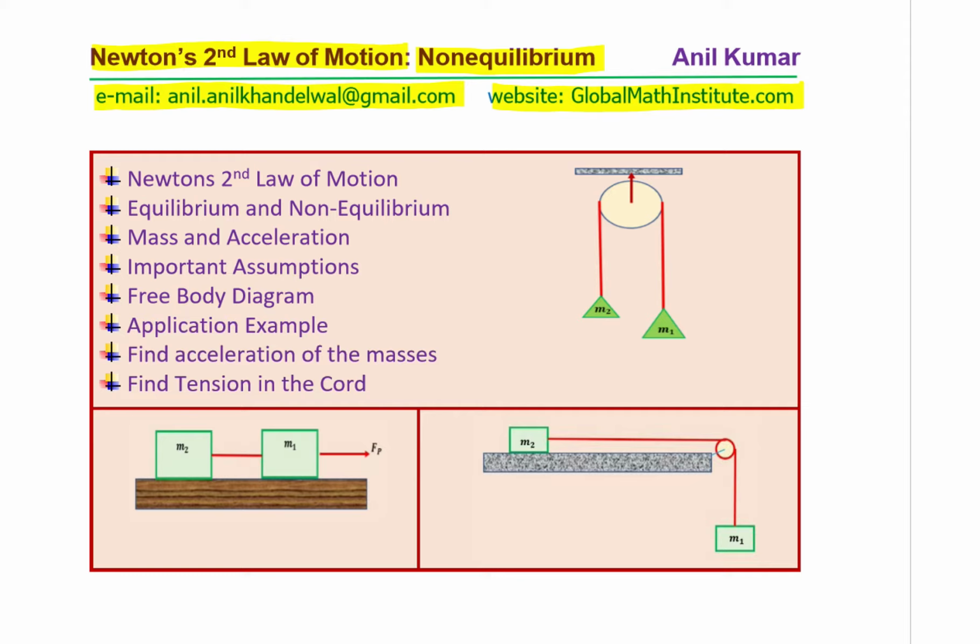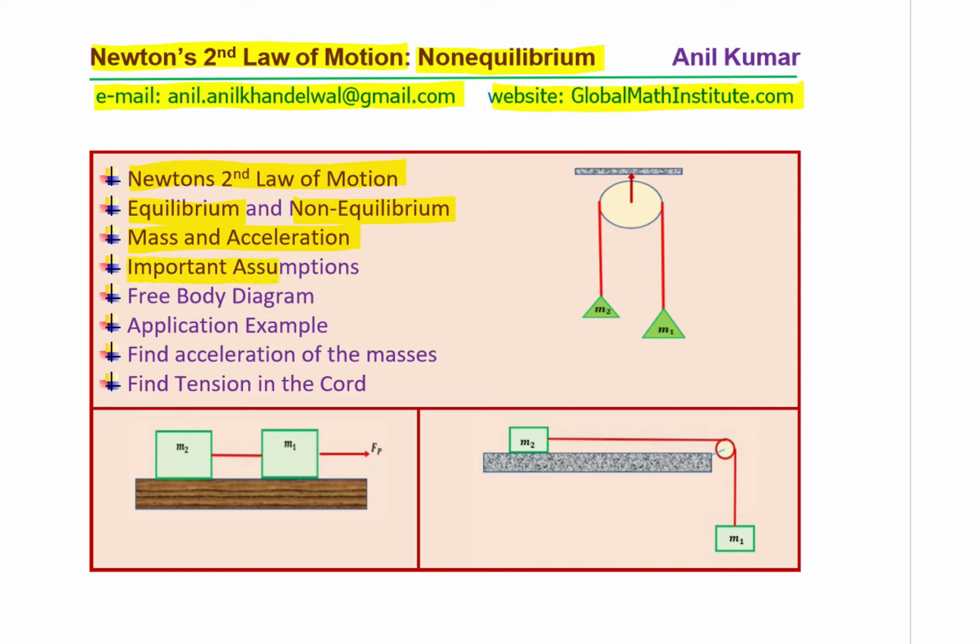So in this video, we're going to discuss Newton's second law of motion. With this law, we can state when the system is in equilibrium and when it is not in equilibrium. We know that Newton's law relates mass and acceleration, which is important to find the relation F equals ma.